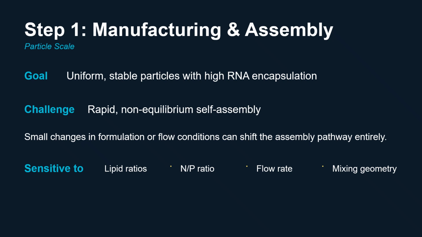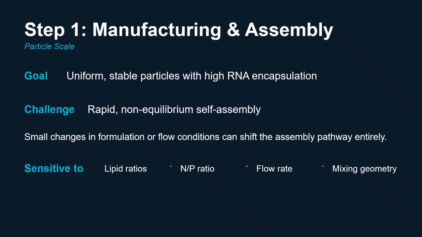As a result, outcomes are highly sensitive to things like lipid composition, nitrogen to phosphorus ratio, mixing geometry, and the total flow rate. A key point is that the internal structure of LNP is not something we can easily regulate.